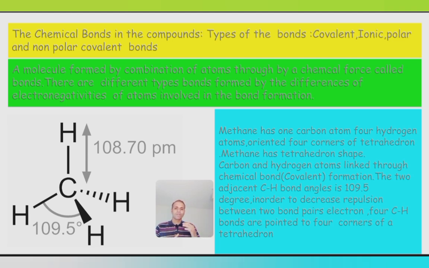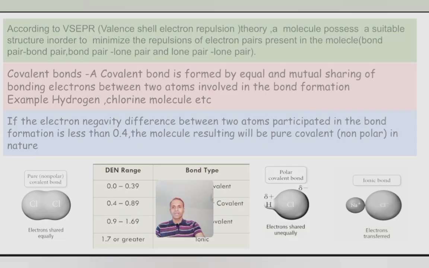That theory, which suggests the shape of the molecule, is VSEPR theory. According to VSEPR theory, you can see on the screen, the valence shell electron pair repulsion theory: a molecule adopts a suitable structure in order to minimize the repulsions of electron pairs present in that molecule.